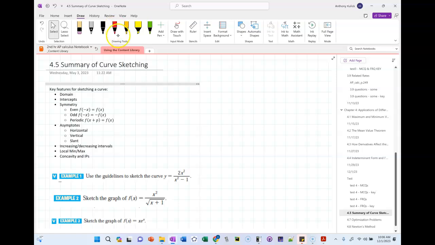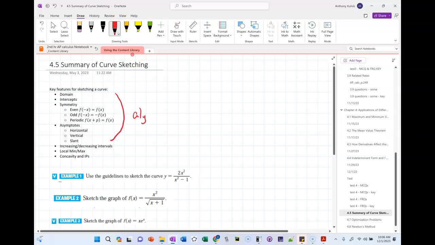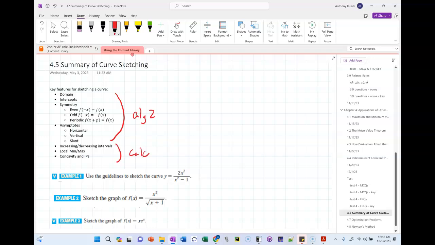So this stuff is like Algebra 2 stuff. Those last three are calculus pieces. Probably the part that's going to make this hard is remembering the stuff that we're supposed to remember. And there's almost some overlap, because we did asymptotes when we did limits.